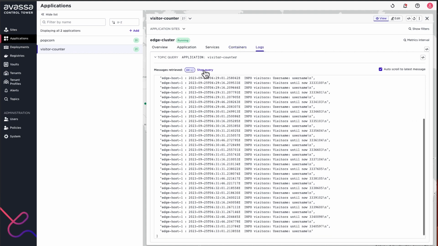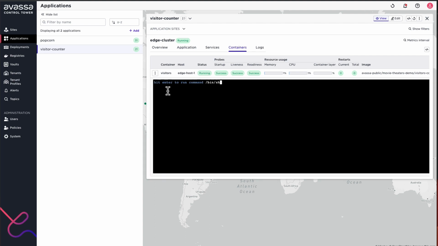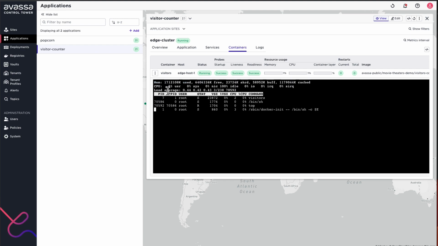Let's go back to the containers here. Another very important tool is that you can go all the way down into a shell of the container. So now I'm inside the container on that site and can see what's going on. I can also do a ps here to see the processes. Let's go create some issues here. Let's kill that one.